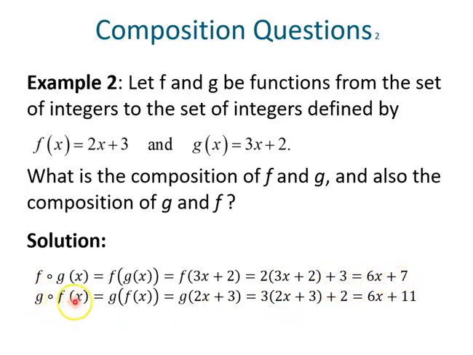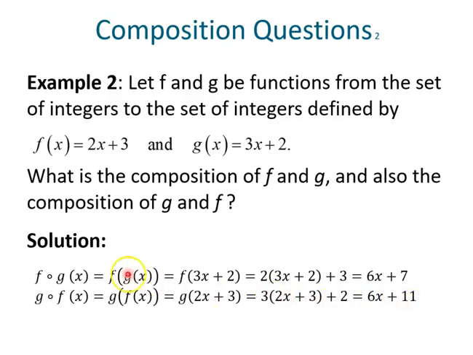g composed with f at x is this by definition, and f of x is 2x plus 3. g of 2x plus 3 is 3 times (2x plus 3) plus 2. And we get 6x plus 9 plus 2. 9 plus 2 is 11.